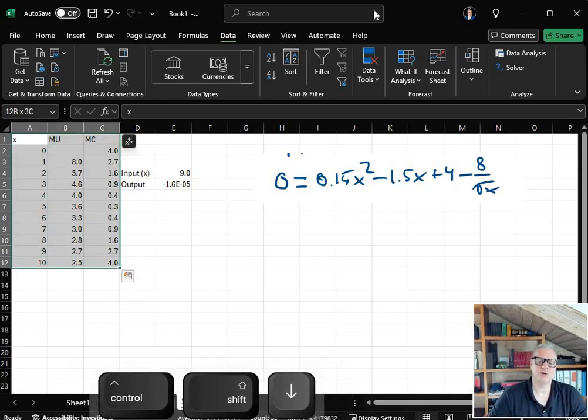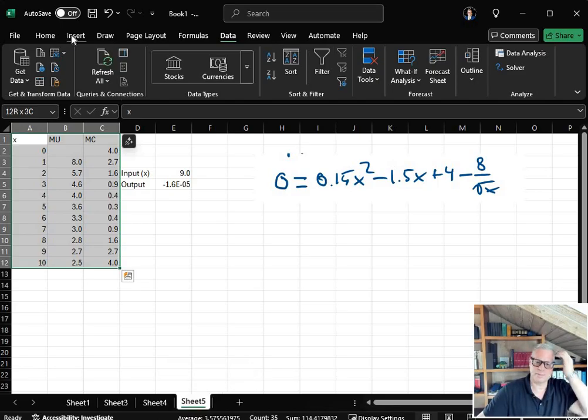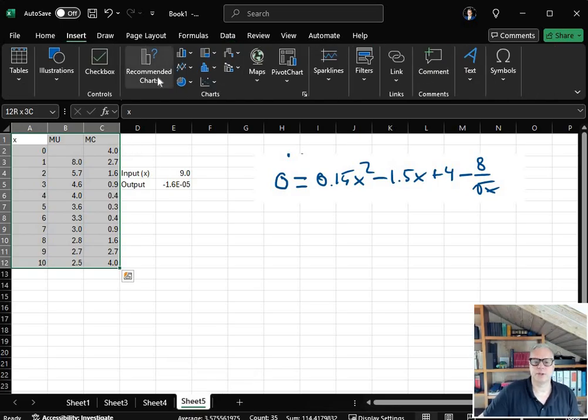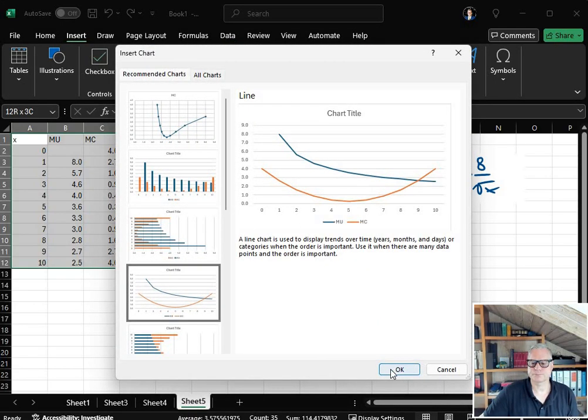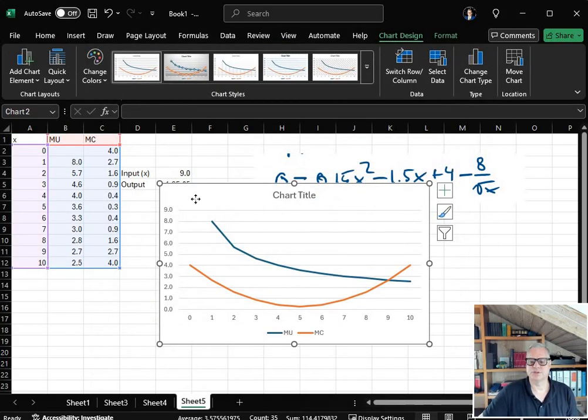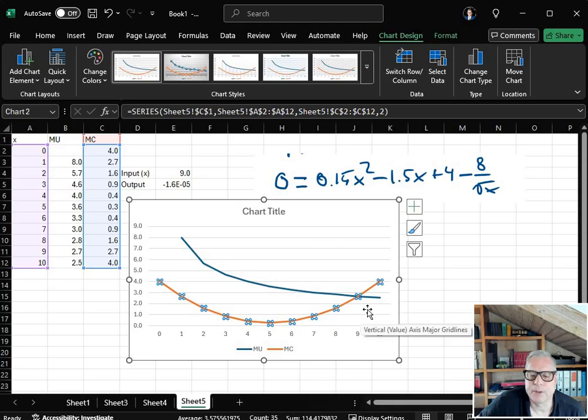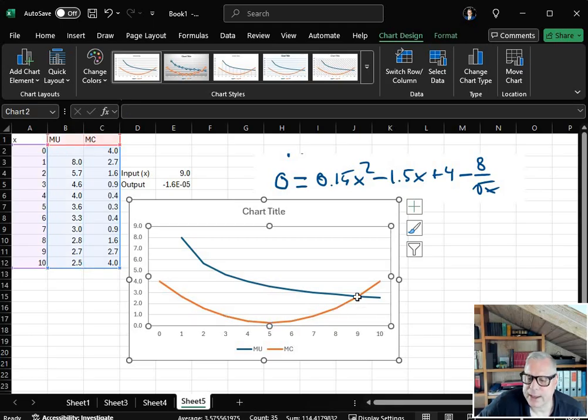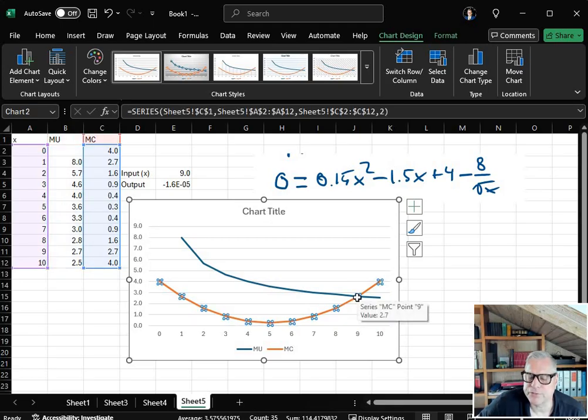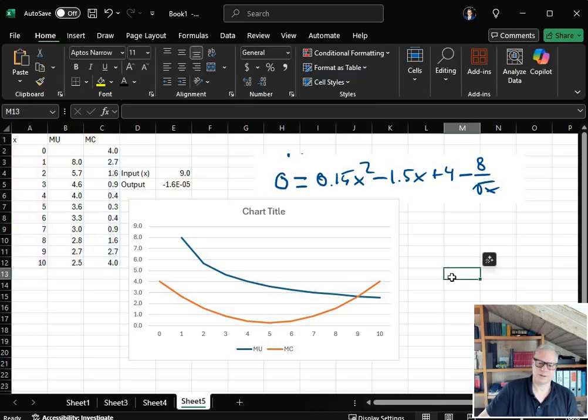So now let's see what we get when we visualize that. Insert, recommended chart. So this is what it is, and you see the blue line is the marginal utility, the orange line is the marginal cost, and here at the quantity of 9 we get marginal utility equals marginal cost.